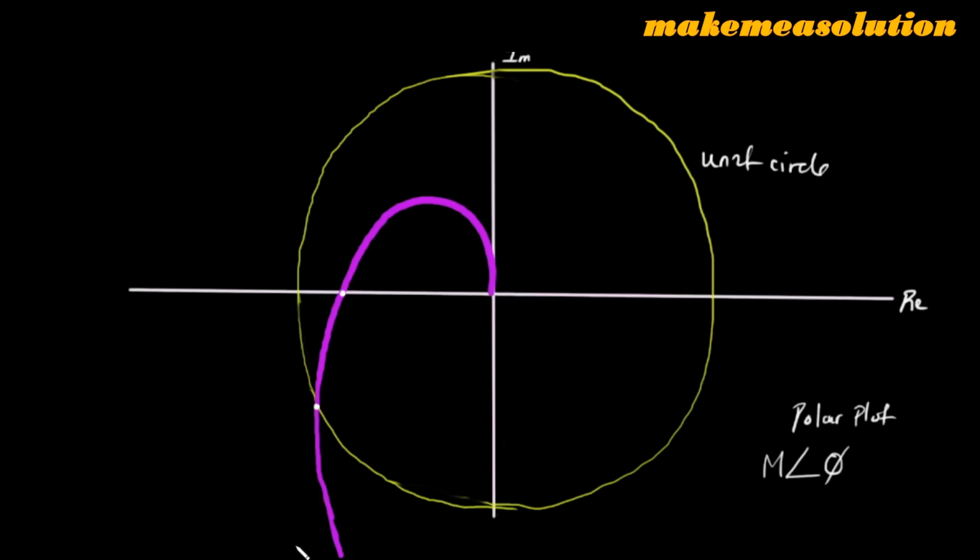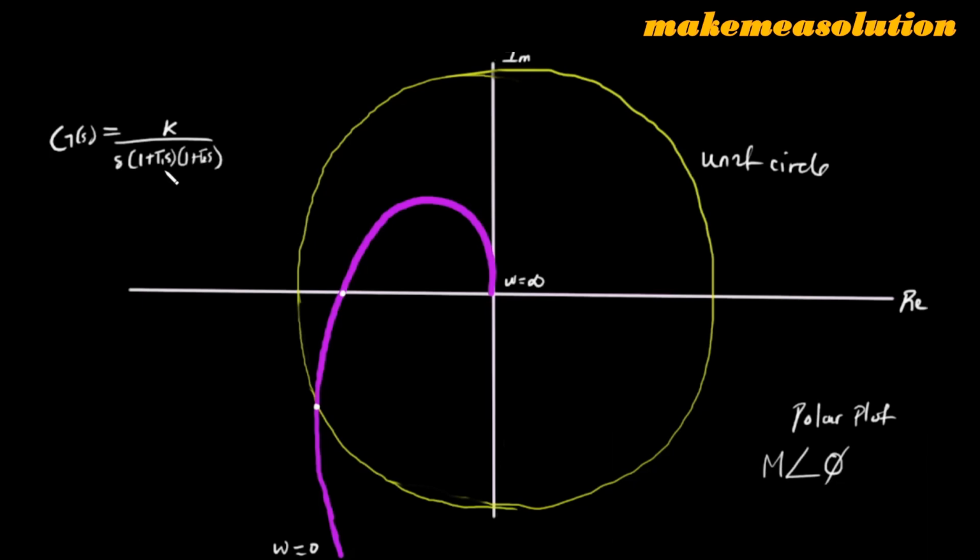So when you vary your angular frequency from 0 to infinity, you take note of the infinite radial lines that occur, and that's what gives rise to this plot. So this is the Nyquist plot for the function G(s) equal to K divided by s into (1 plus T1 s) and (1 plus T2 s).